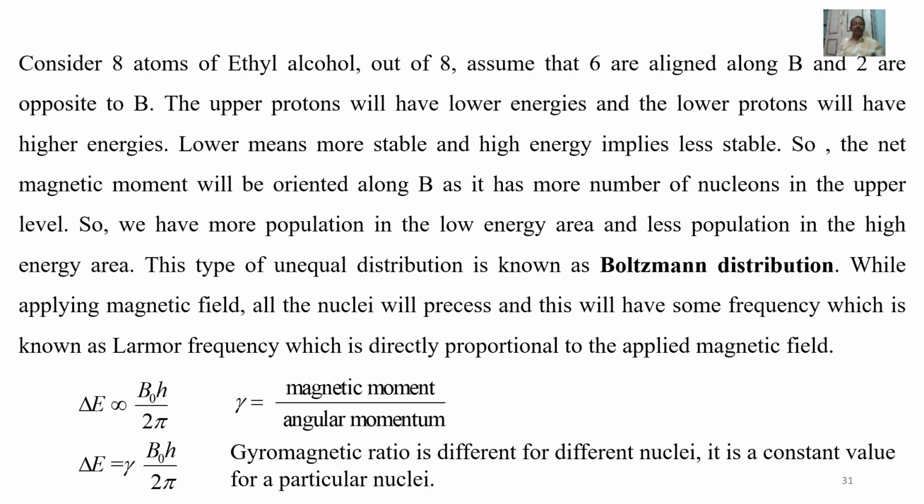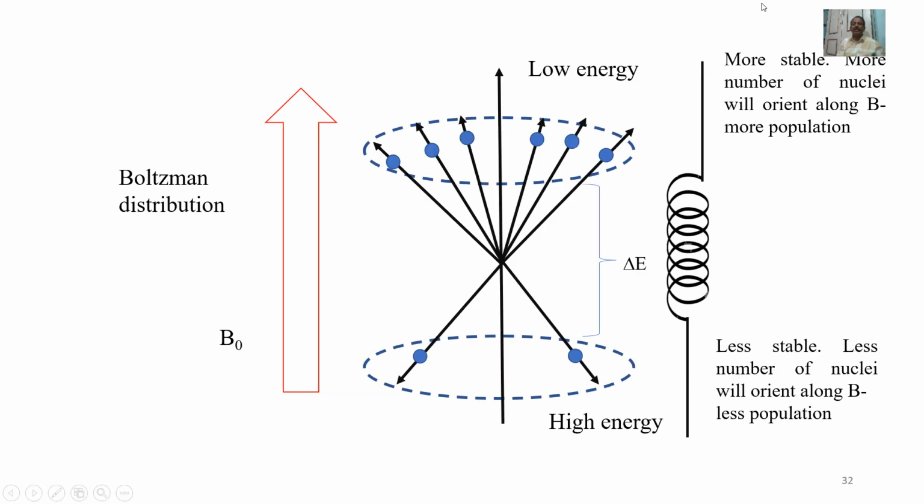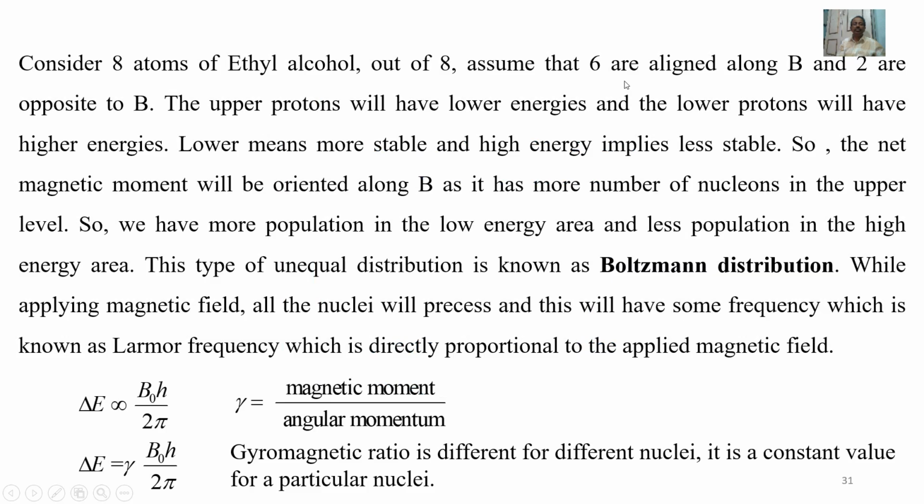Lower means more stable, and high energy implies less stable. So the net magnetic moment will be oriented along B as it has more nuclei in the lower energy level. So we have more population in the low energy state and less population in the high energy state.